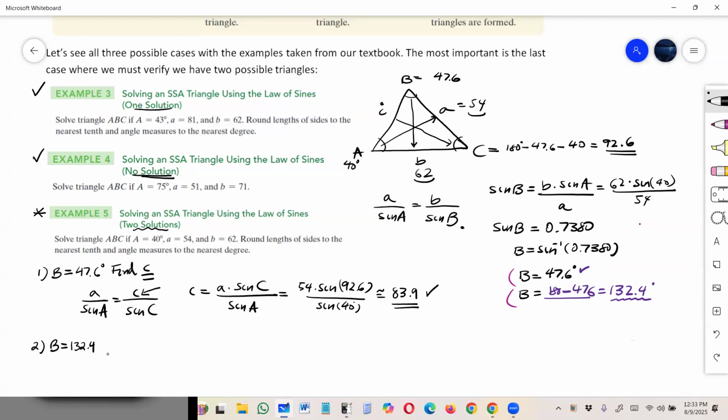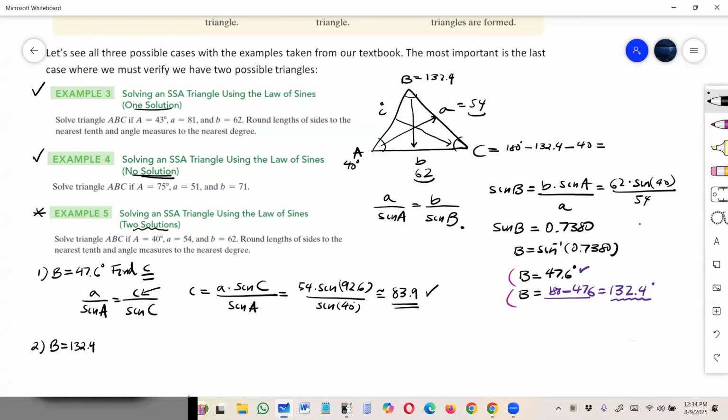Now, when B is 132.4, so I'm going to change this, and I'm going to reuse this thing. So when B is 132.4, I have to find C the same way. So C is going to be 180 minus 132.4 minus 40.